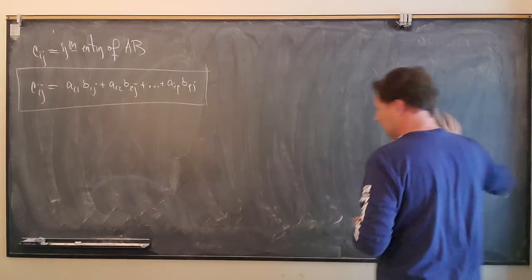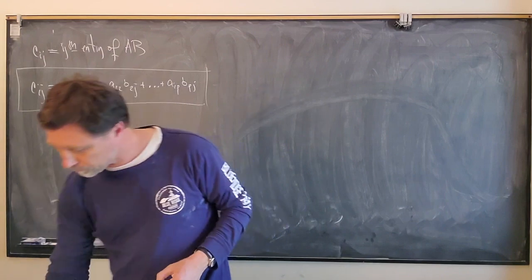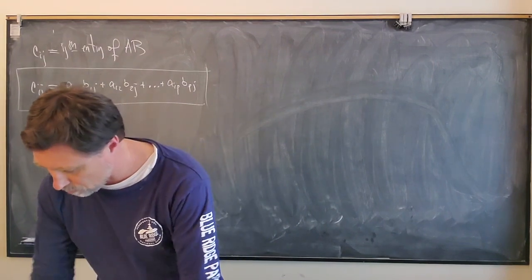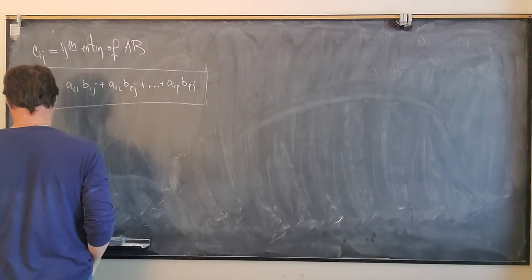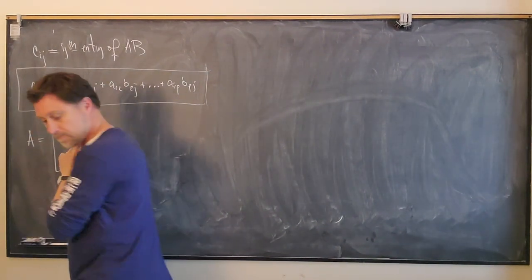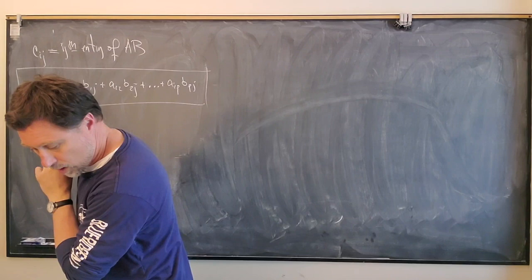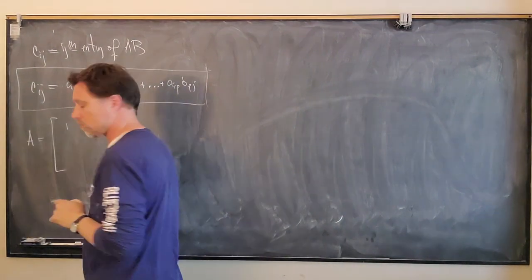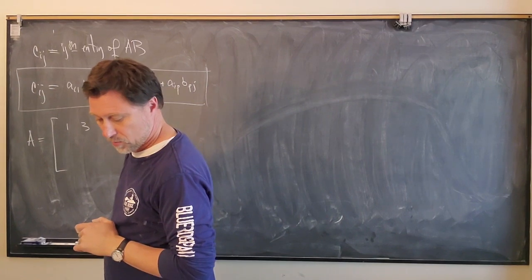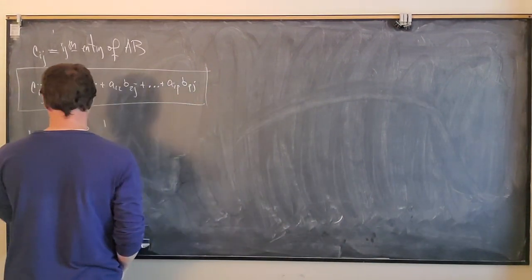All right, so now it's time for an example. Let's say A is the matrix 1, 3, 1; minus 1, 2, 0.